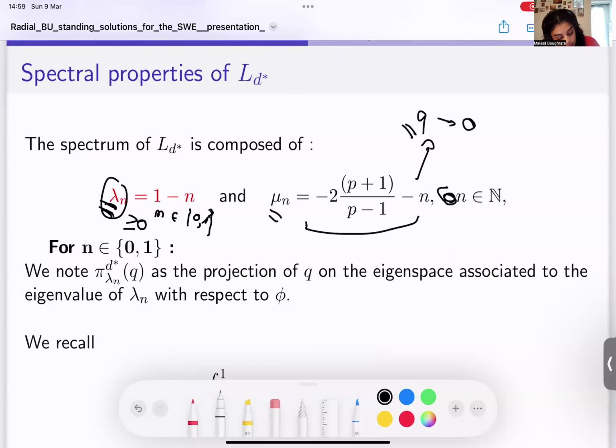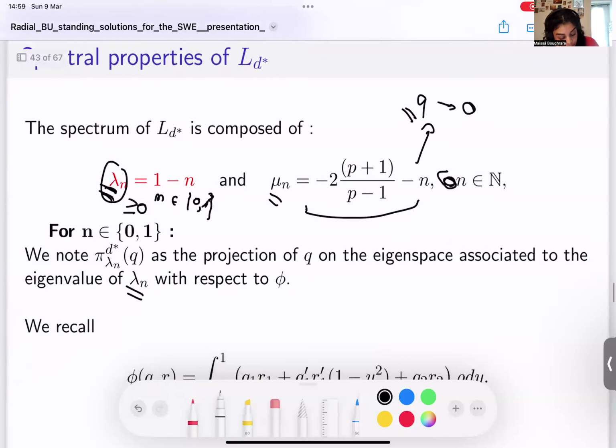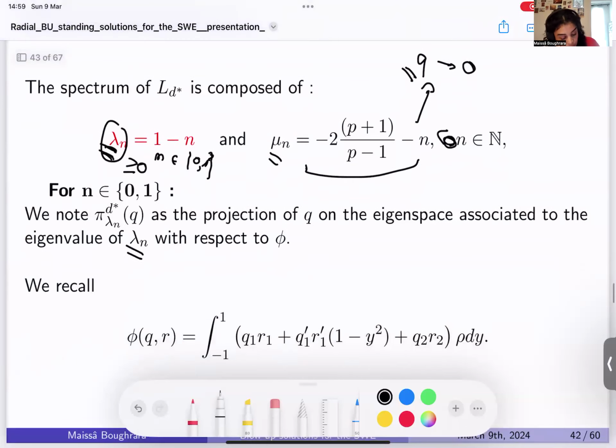We define the projection of Q onto the eigenspaces associated to lambda n, where n is 0 or 1, with respect to the scalar product that we saw earlier from the Hilbert space.